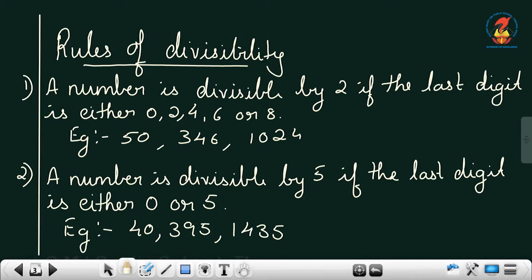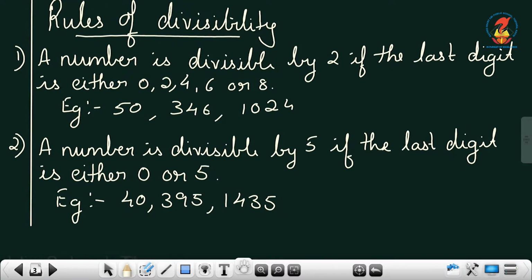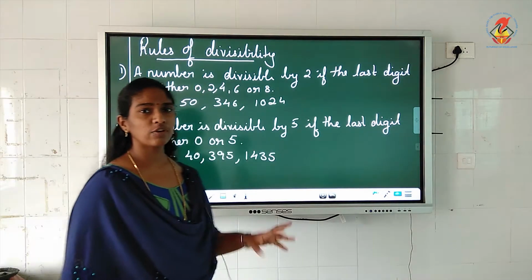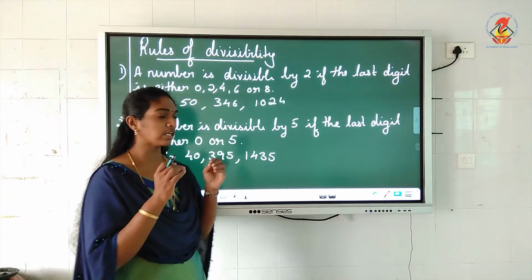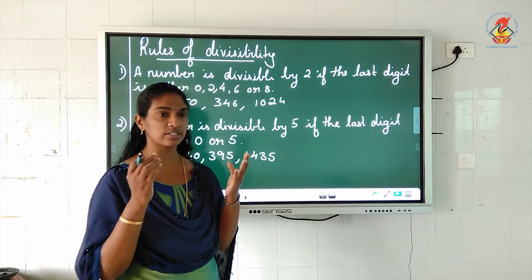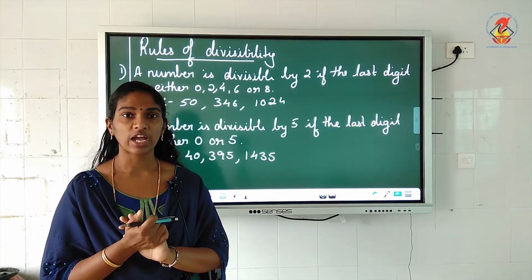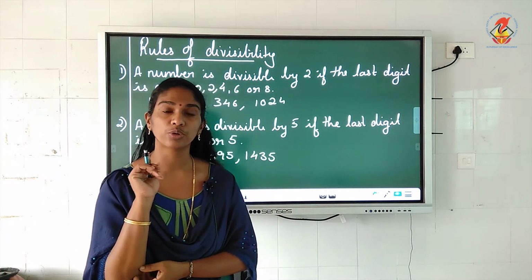Now coming to the next topic, which is a very important one, that is rules of divisibility. What do you mean by divisibility, children? Suppose I have a number 242. I want to know whether this 242 is divisible by 2.